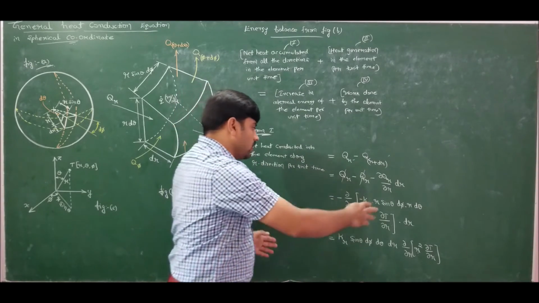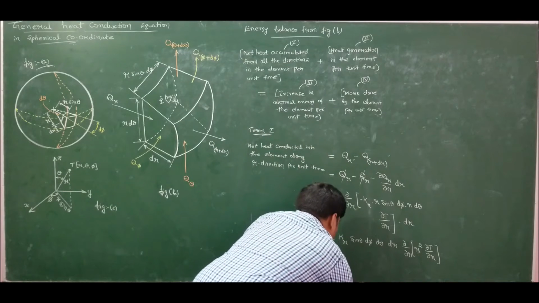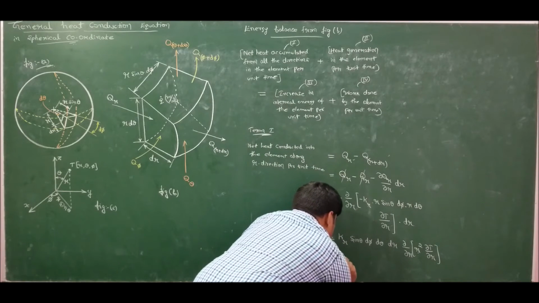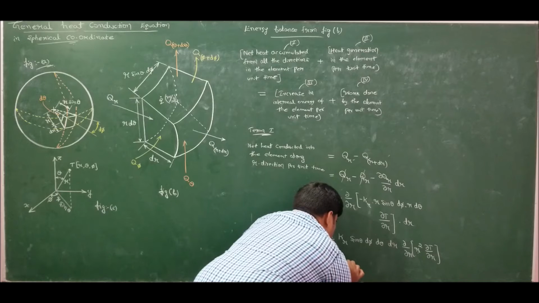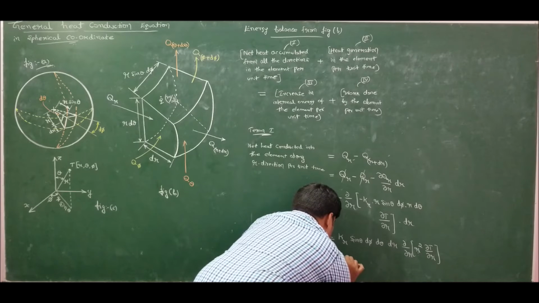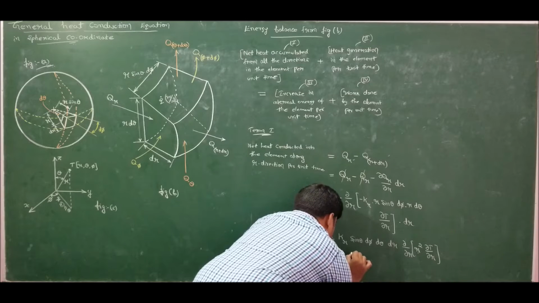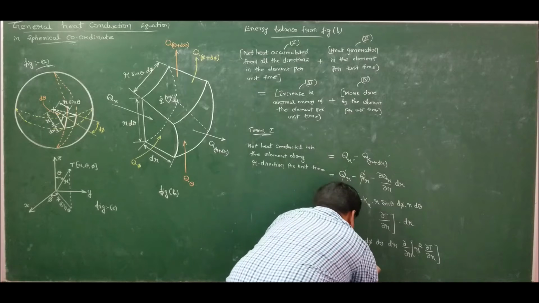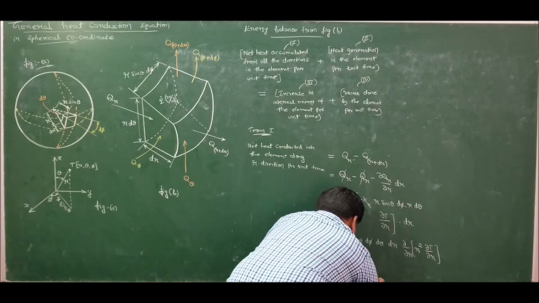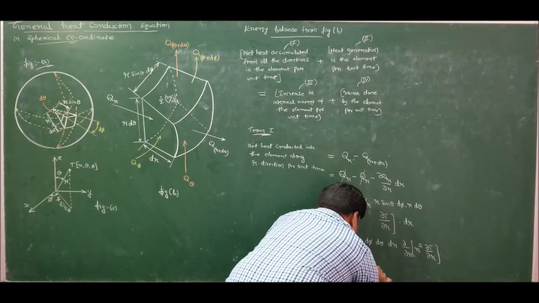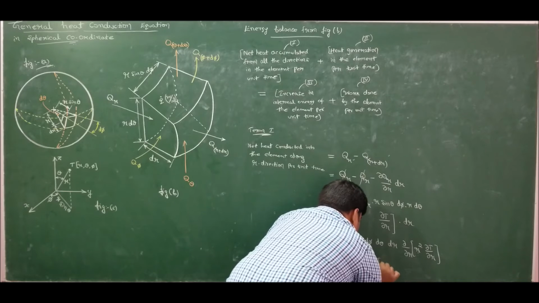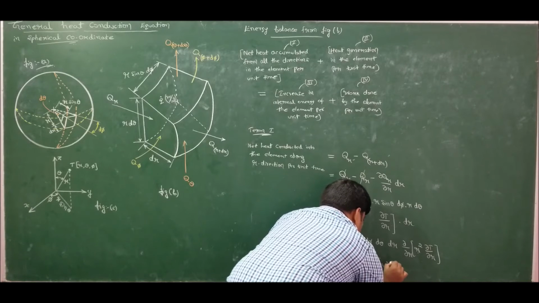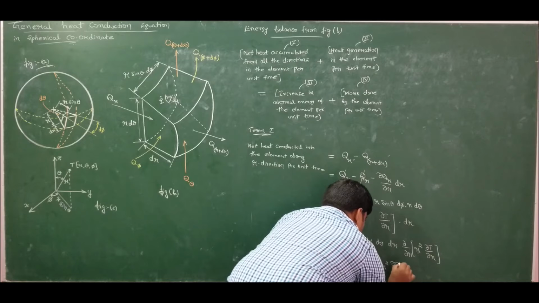So I am left with k times, here the r square is missing, hence I will write it as 1 by r square dou by dou r of r square dou T by dou r.